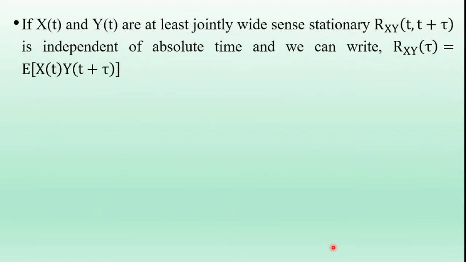If x(t) and y(t) are at least jointly wide sense stationary, Rxy(t, t plus tau) is independent of absolute time, and we can write Rxy(tau) is equal to the expectation of x(t) into y(t plus tau).